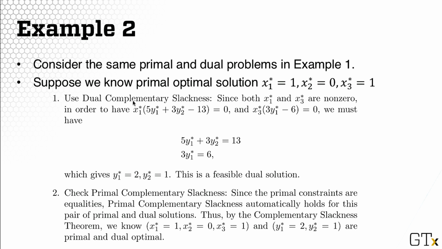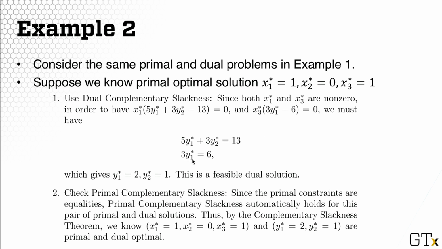But if we use dual complementary slackness, since both x1 and x3 are non-zero, in order to have dual complementary slackness, the dual slackness, meaning 5y1 plus 3y2 minus 13, has to be 0, and also 3y1 minus 6 has to be 0.